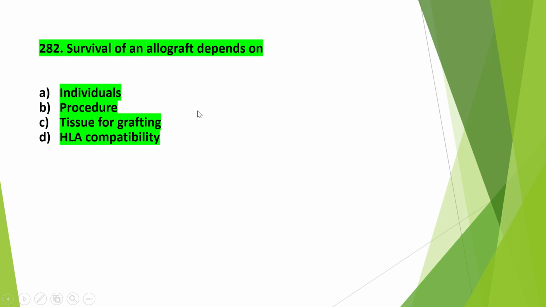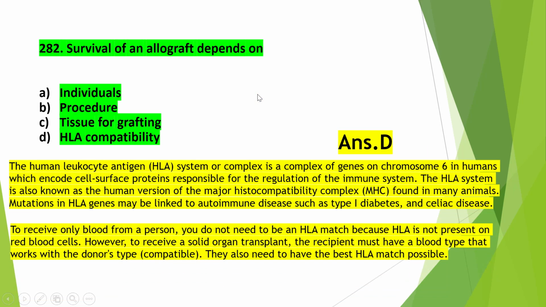Okay, so move on to the next question: survival of an allograft depends on the individual's procedure, tissue, or HLA compatibility? The right answer is option D, that is HLA compatibility.